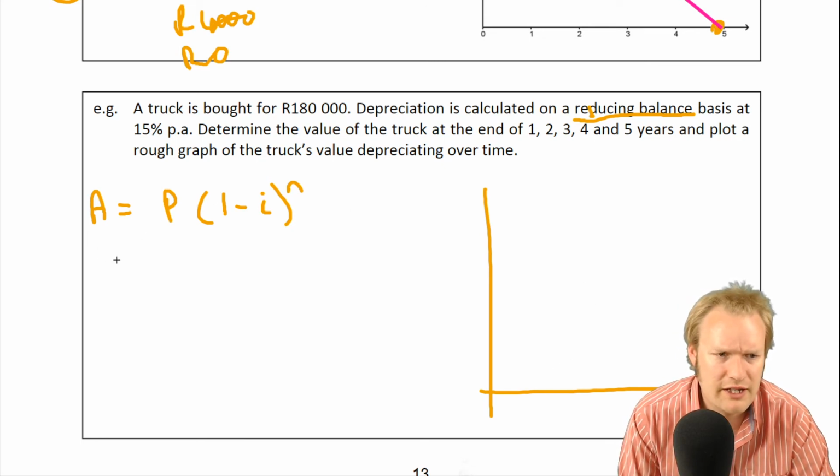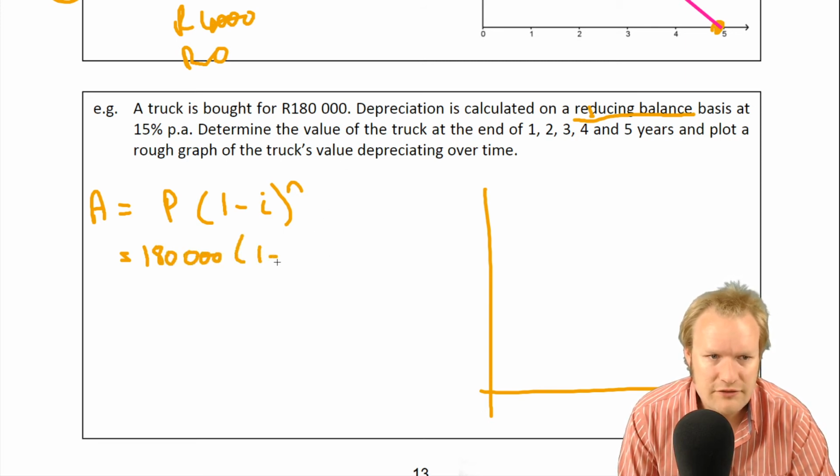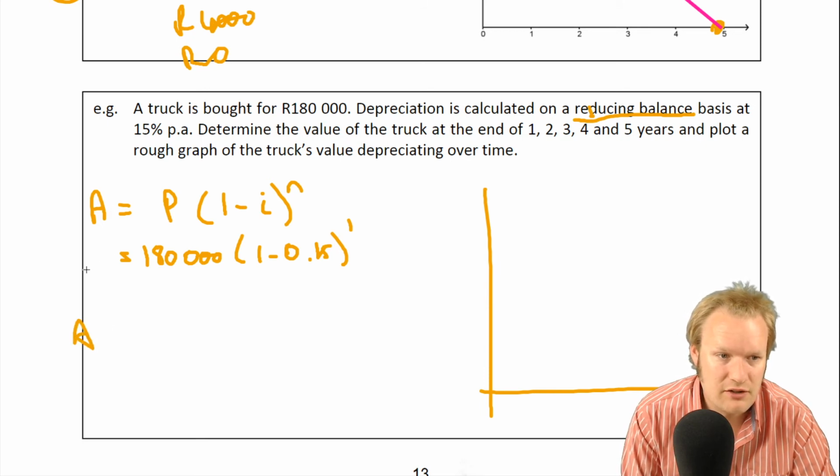So we're going to look at that, and we're going to go equals. What happens if we put our 180,000 Rand, 1 minus 15%, 0.15, and we did that to the 1. And then we did the same thing. So that's after, this is maybe after 1 year.